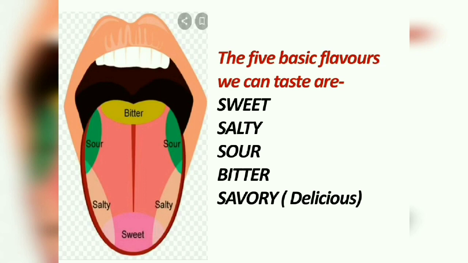Savory means delicious. When you find something very delicious, this central pink part helps you find out that the particular thing is very delicious. So these are the 5 basic flavors that we can taste: sweet, salty, sour, bitter, and savory.